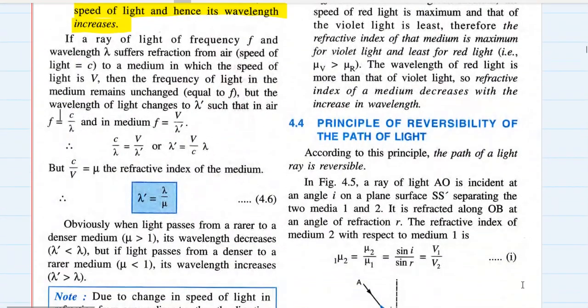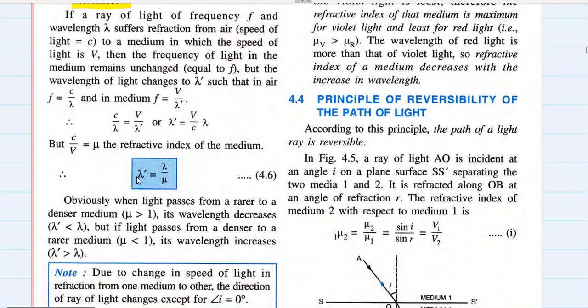Here they have given the formula for the new wavelength of a ray of light when it enters from one medium to another medium.